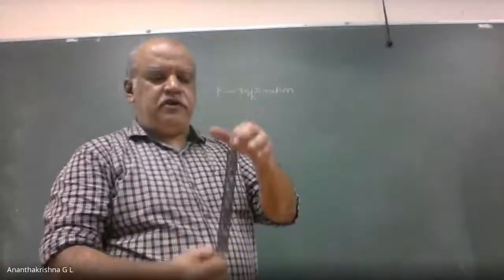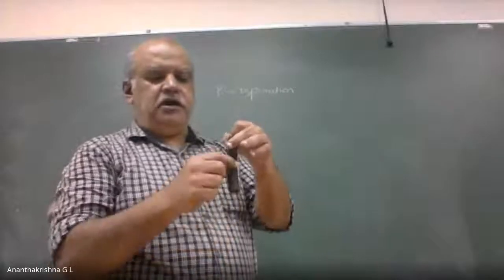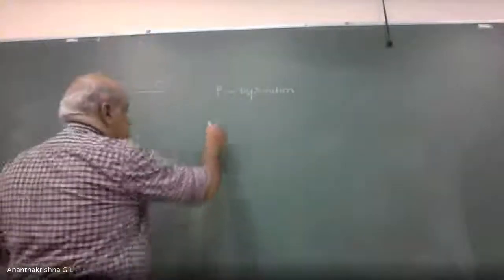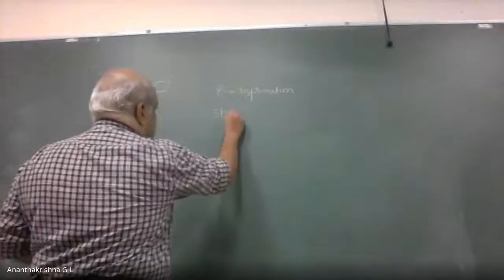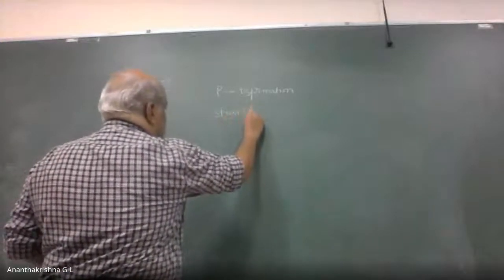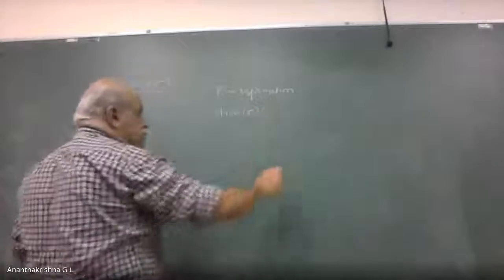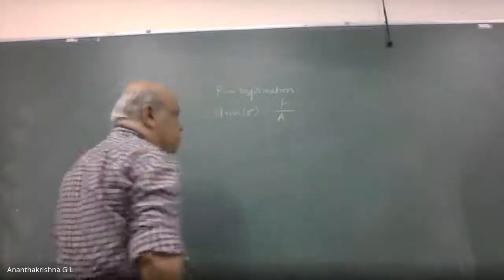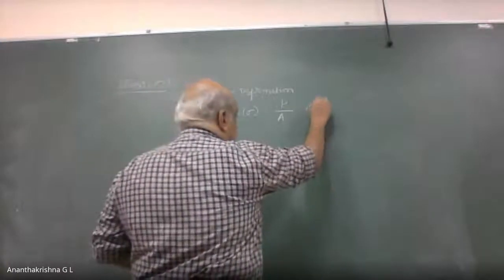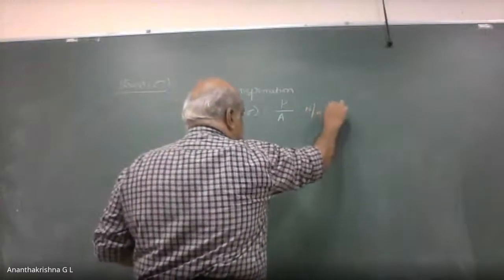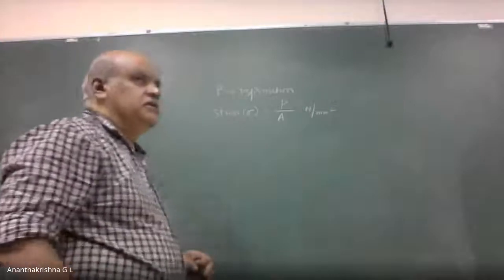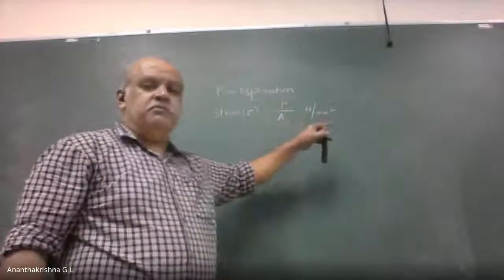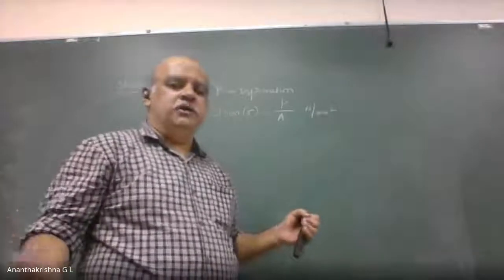The force of resistance offered by the material of the member against a deformation is called stress, denoted by sigma, and mathematically it is given by load by area of cross section. Load is in Newton, area of cross section in millimeter square. So the unit of stress is Newton per mm square or Newton per meter square.